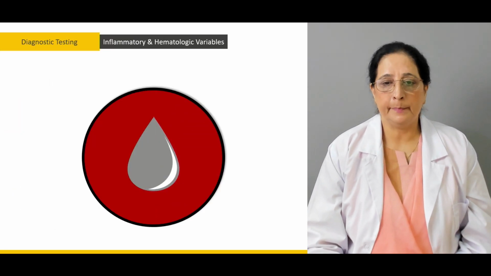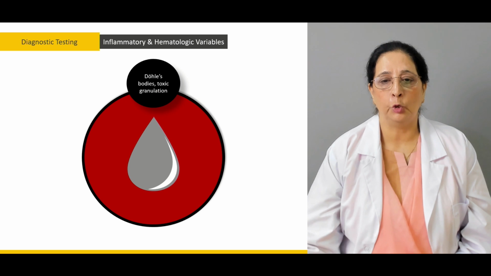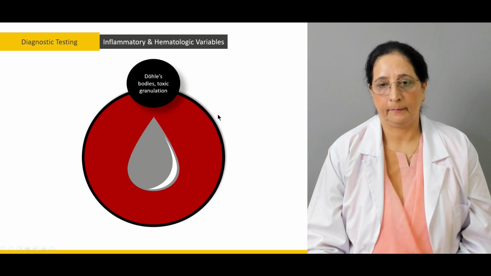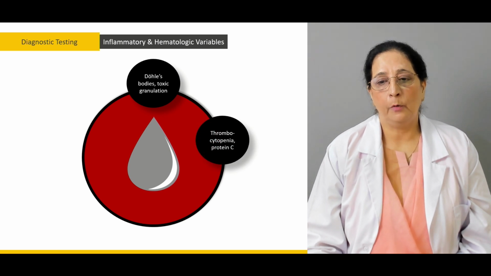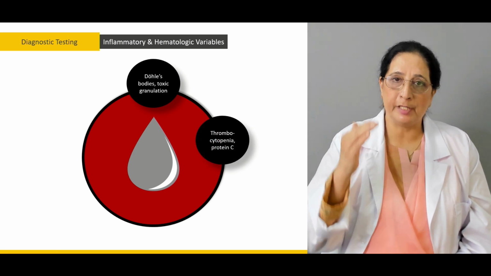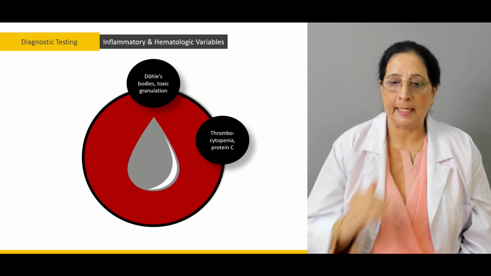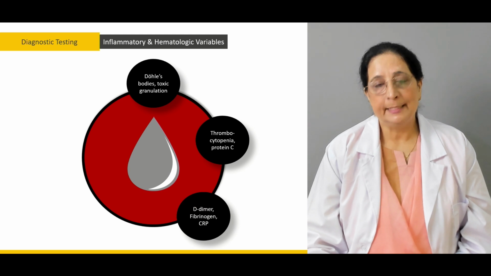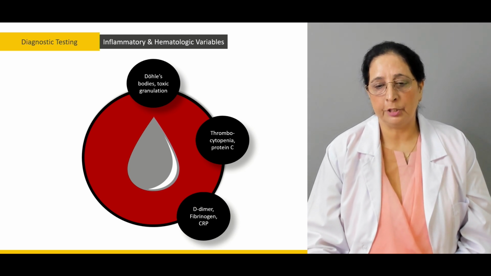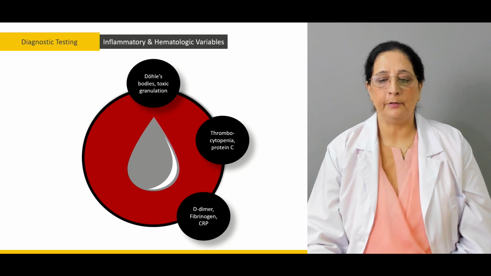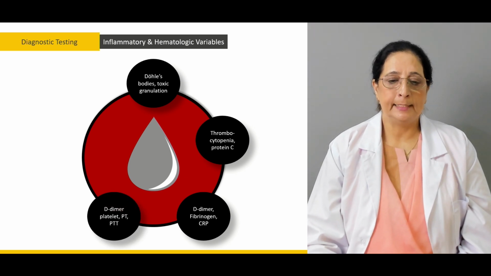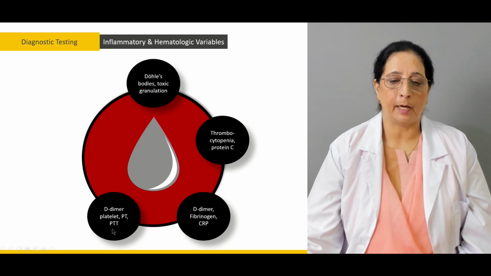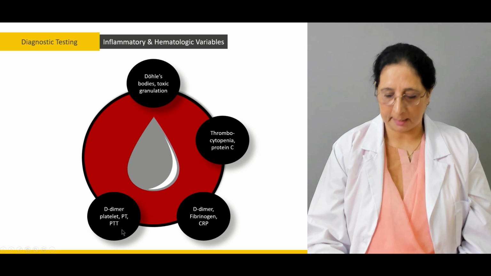Some other variables, we have Döhle bodies, toxic granulation, thrombocytopenia, decreased level of platelets, and decreased protein C. D-dimer, fibrinogen and C-reactive protein, platelets, prothrombin time and partial thromboplastin time.